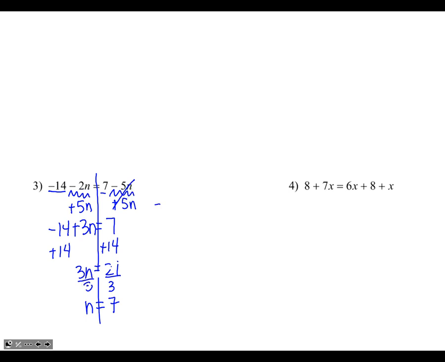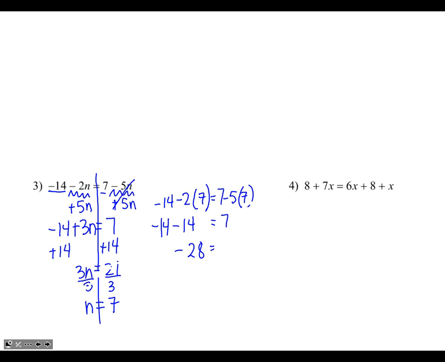Going to check that over here. Negative 14 minus 2 times 7 equals 7 minus 5 times 7. So negative 14 minus 14 is negative 28. The signs are the same, negative and negative. I add and keep the sign.